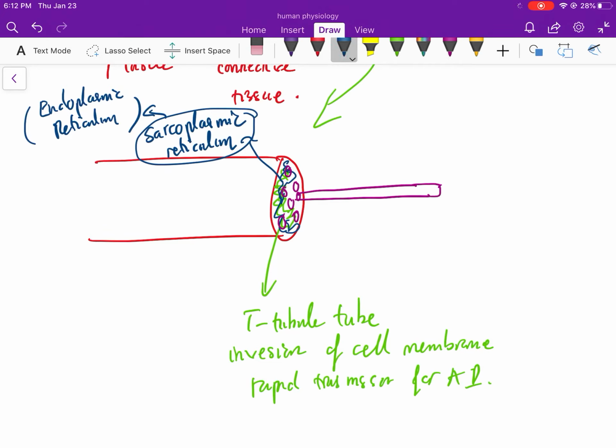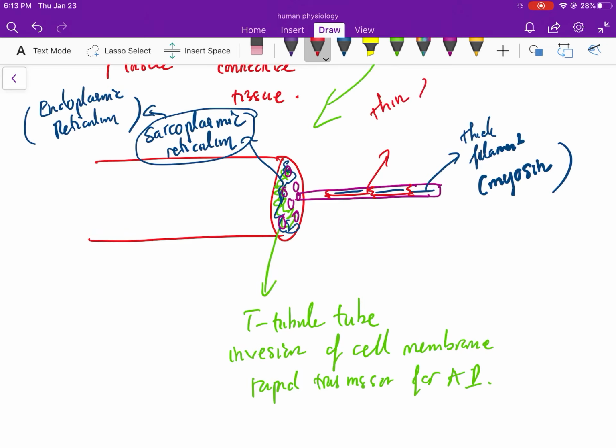Inside the tube, we have our thick filaments and also our thin filaments. The thick filament is made of myosin, and the thin filament is made of actin.